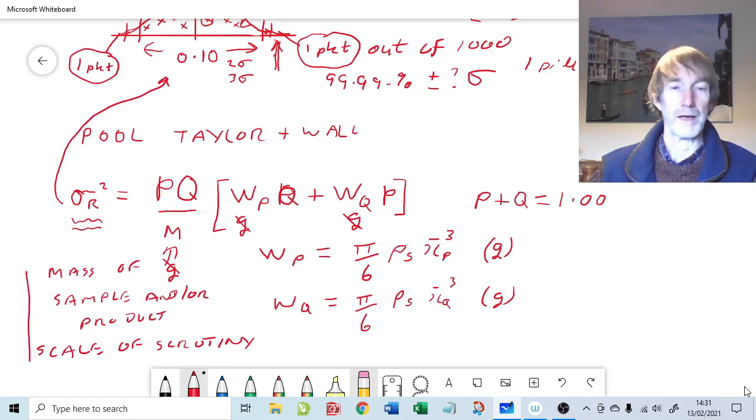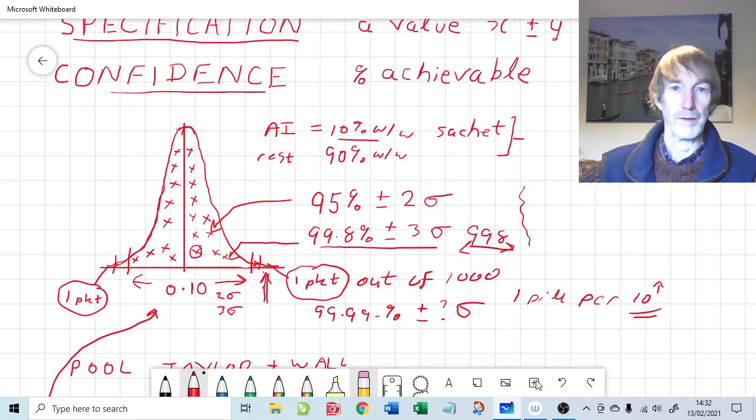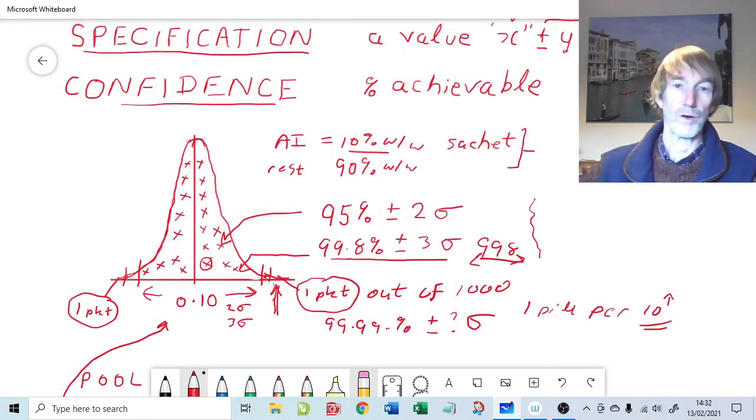How big a mass of sample should we take from a mixture? Well, that's an easy one, because the mass of sample we should take from a mixture is exactly the same mass as what the product is. So if we have, let's say, sachets of 50 grams as a product, so coming back to our sachets just here, if the sachets are 50 grams, then the mass of a sample should also be 50 grams.